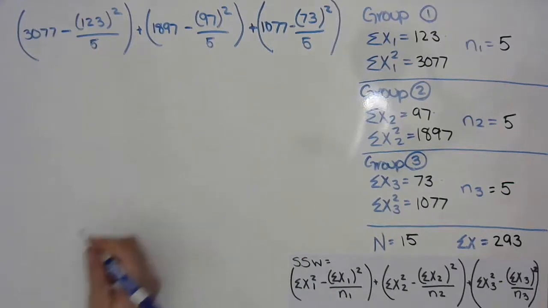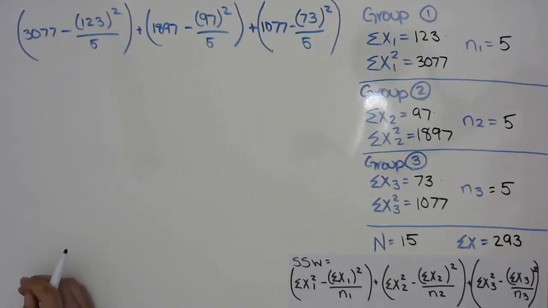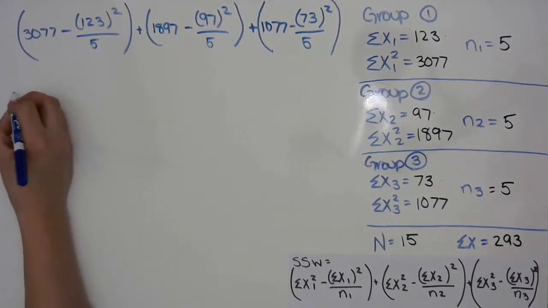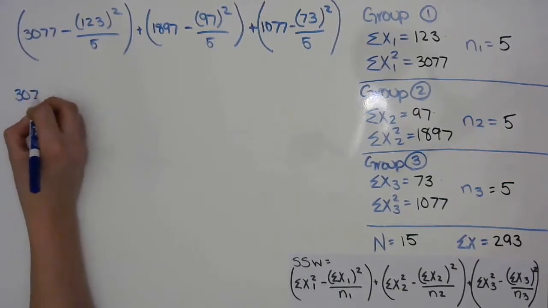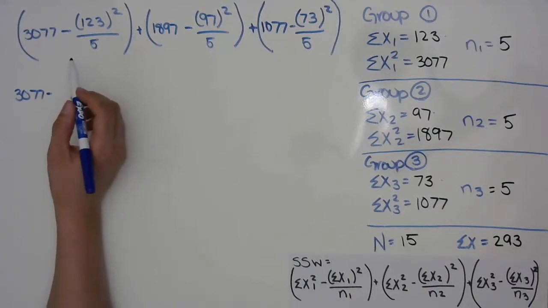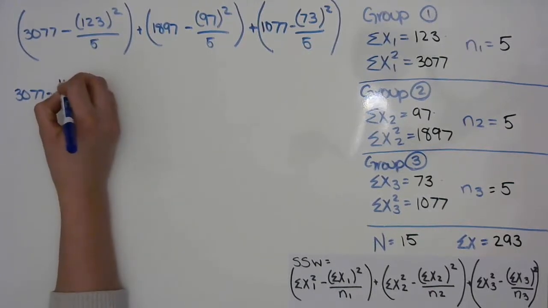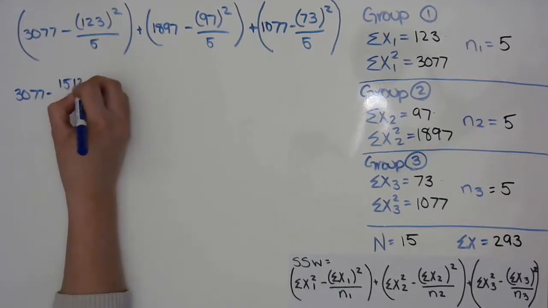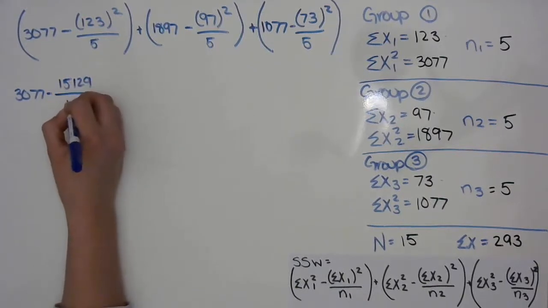All right, so let's go ahead and start working that out. When we square 123, we'll get 3,077 minus 123 squared, which is 15,129 over 5.